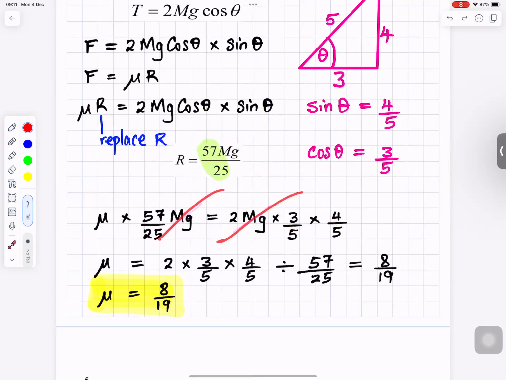The mg's will cancel on both sides. Now you take 2 times the right-hand side divided by 57 over 25. Put it on your calculator, you get mu to be 8 over 19.